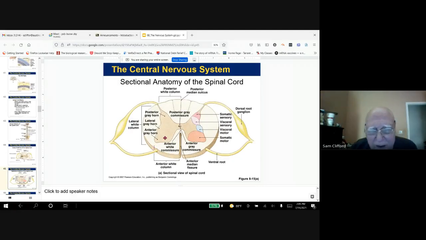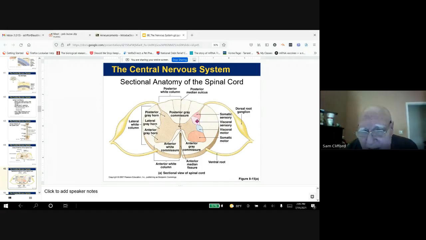If you look at the gray matter of the spinal cord, different parts of this gray matter are organized up at the top to receive somatic sensory. Visceral sensory means input from your bladder, from your stomach, from your arms and legs with pressure.